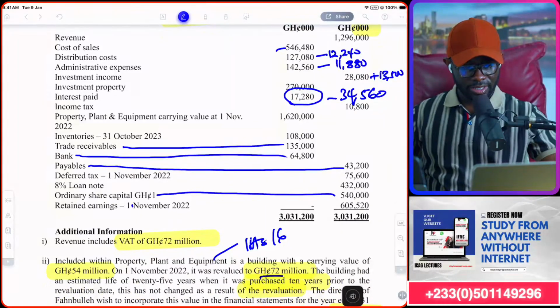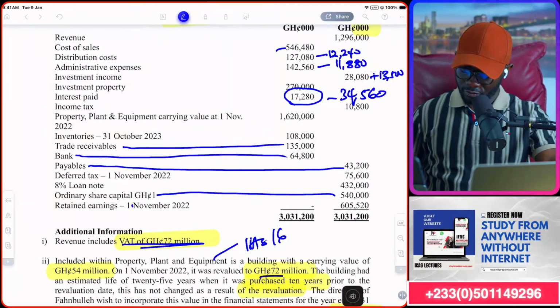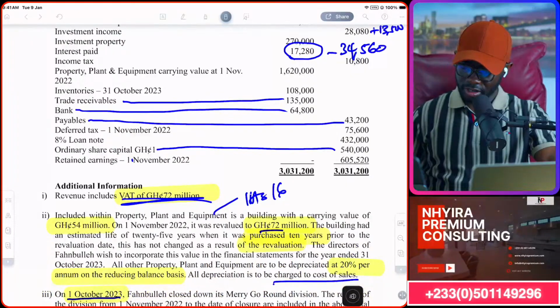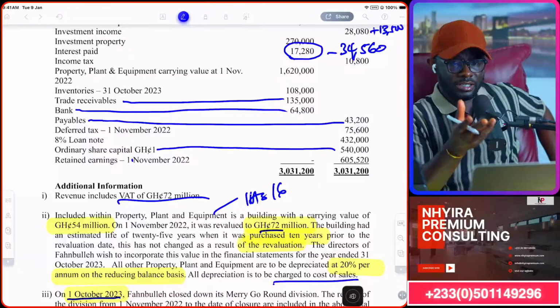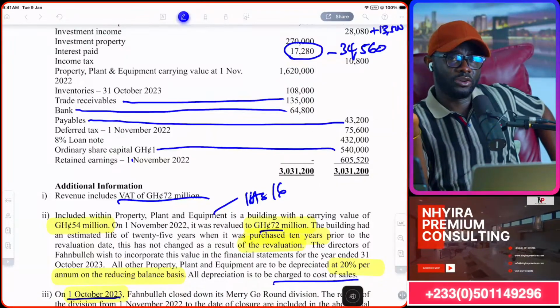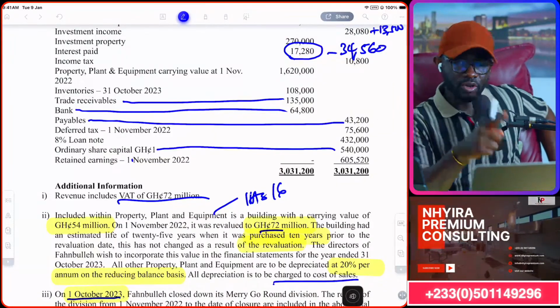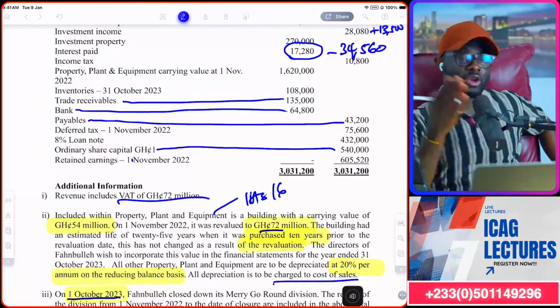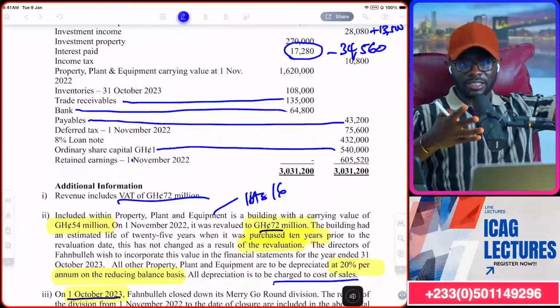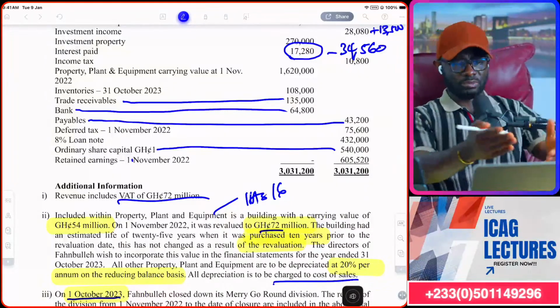Now, this VAT issue of 12 million, what it means is that, as we mentioned in the beginning, it is payable to the Ghana Revenue Authority. So if it is included in the revenue and we debited the revenue to deduct it, then the credit entry must be in the VAT account.